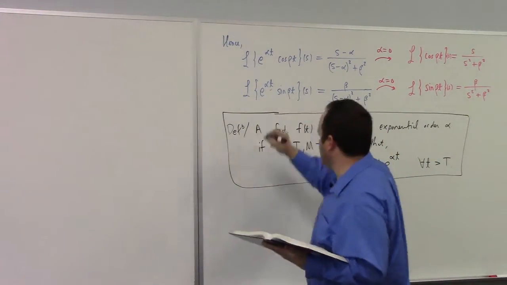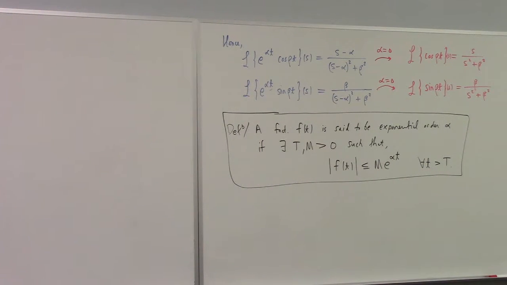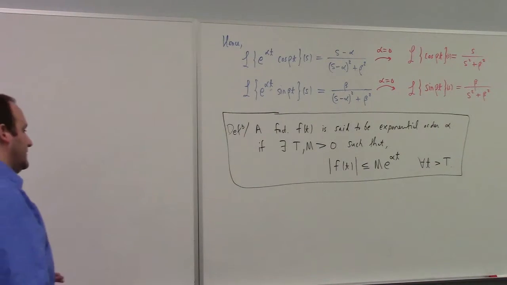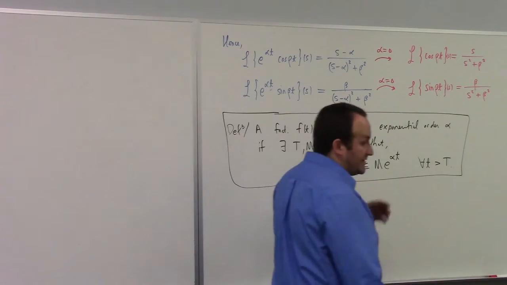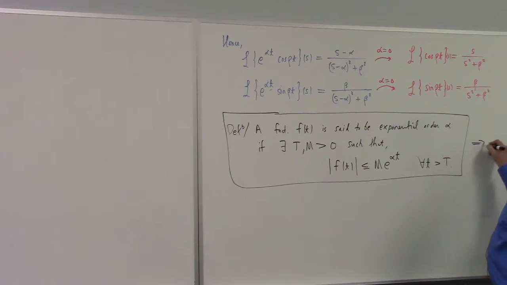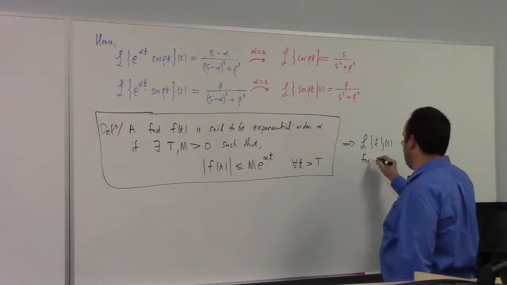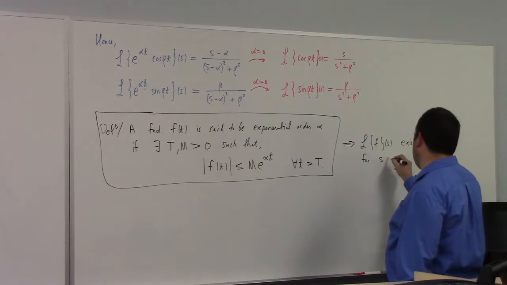I really don't have much to say about exponential order alpha, except to tell you that this is the criteria, or at least one criteria, that if you meet, the Laplace transform of such a function will exist. So basically this will imply that the Laplace transform F of s exists, if I recall correctly, for s greater than alpha.